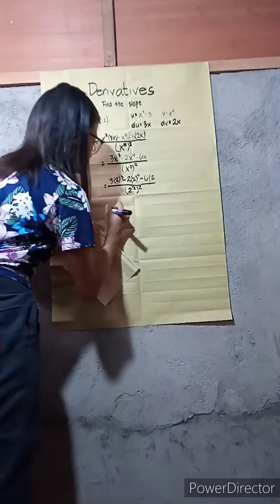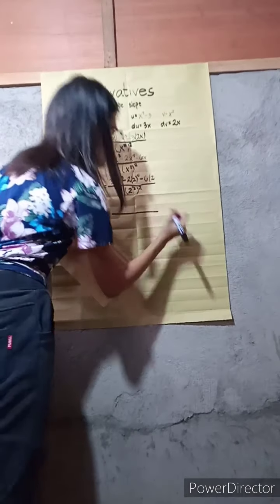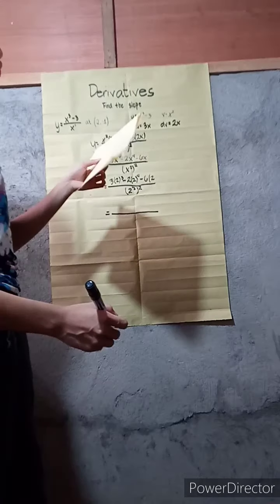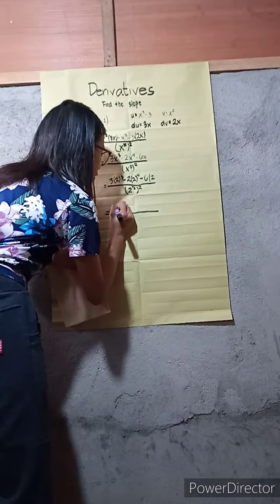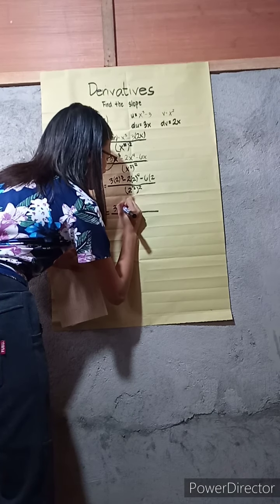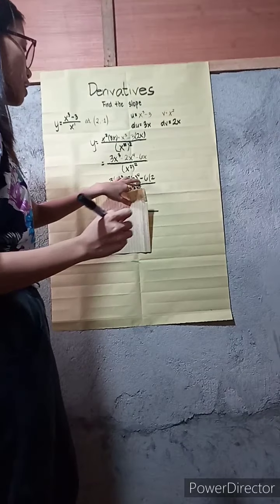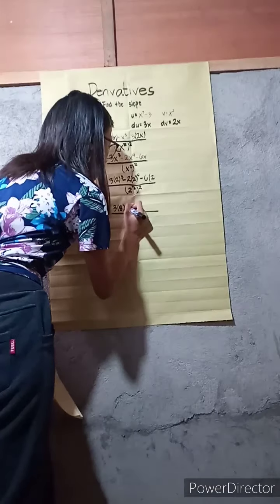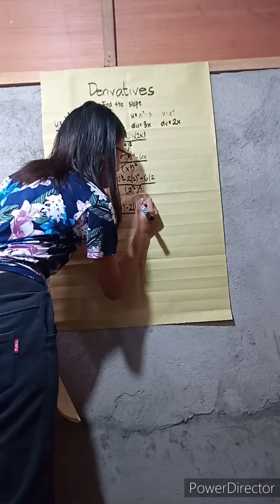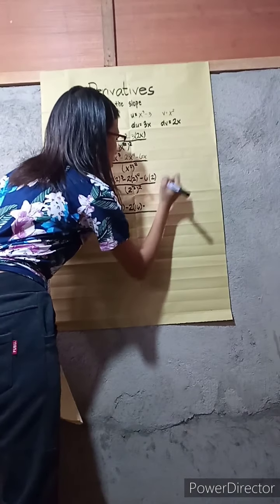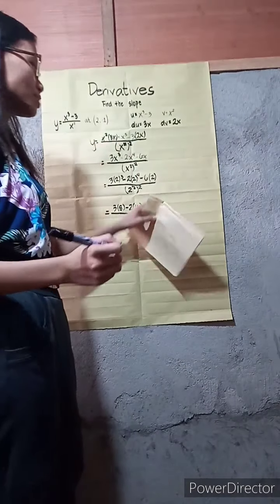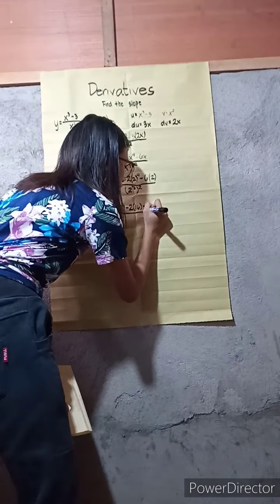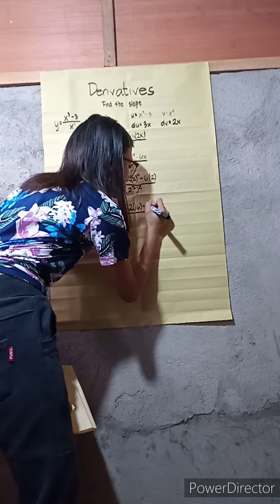Then equals 2 cubed is equal to 8. So 3 times 8. Then 2 raised to the power of 4 is equal to 16, minus 2 times 16. So 6 times 2 is equal to 12. Oh, sorry, this is 12.